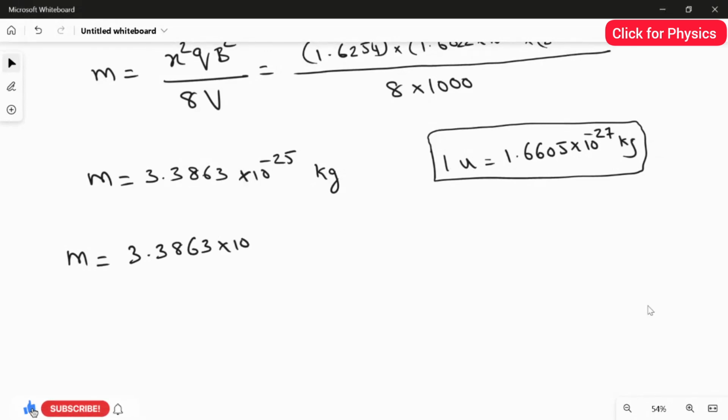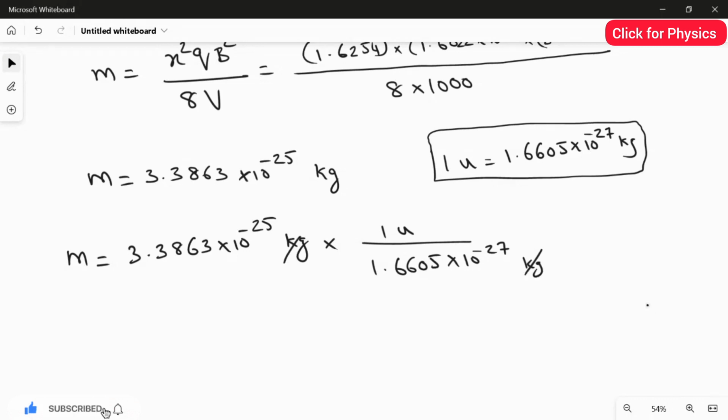So the mass in terms of atomic mass unit is 3.3863 multiplied by 10 power minus 25 kilograms, and 1 atomic mass unit is equal to 1.6605 multiplied by 10 power minus 27. We can cancel this kilogram with this kilogram. Now I have to simplify this, just divide this number by this number.